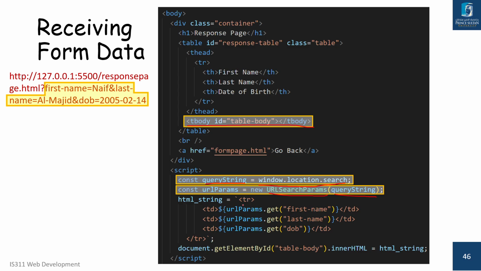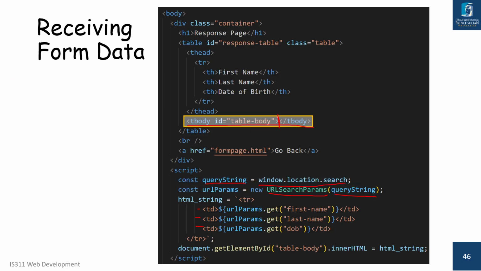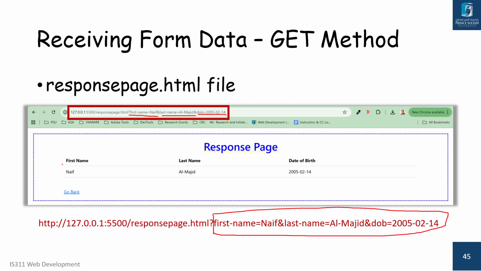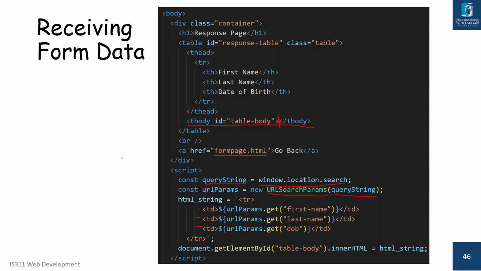After that, we create an HTML string with a tr, and inside the tr we add different columns for first name, last name, and date of birth. Then we add this HTML string inside this element here. When we add it, it shows that specific table. This row is generated based on the information coming from the previous form.